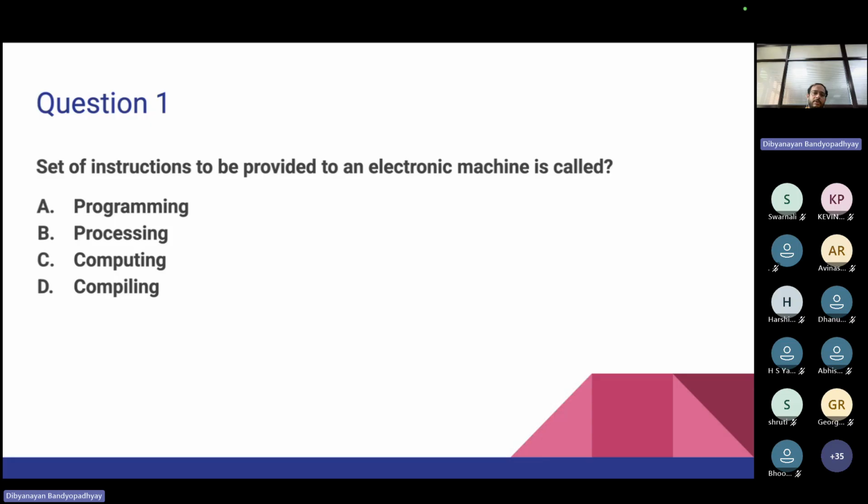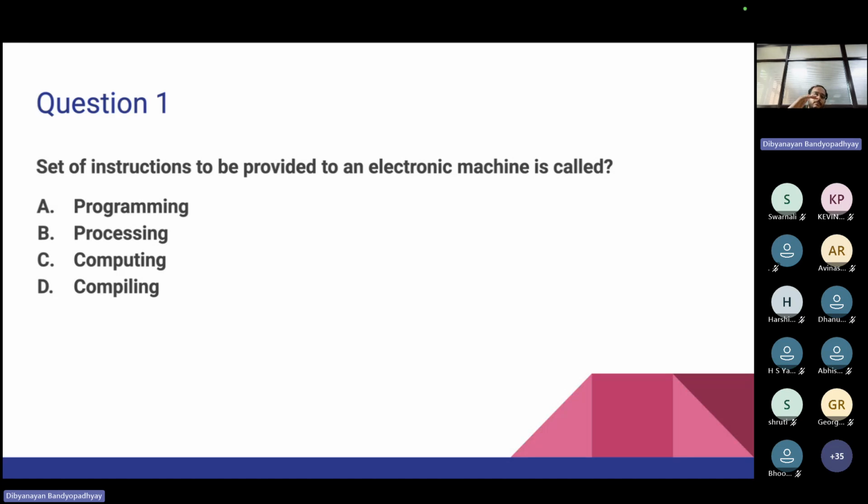So a set of instruction to be provided to an electronic machine is called what? So there are four options and the options are quite similar actually. So what is the set of instructions? Let us suppose that you have to perform an addition task. And for performing that addition task, you want to instruct that electronic machine how it can be performed.